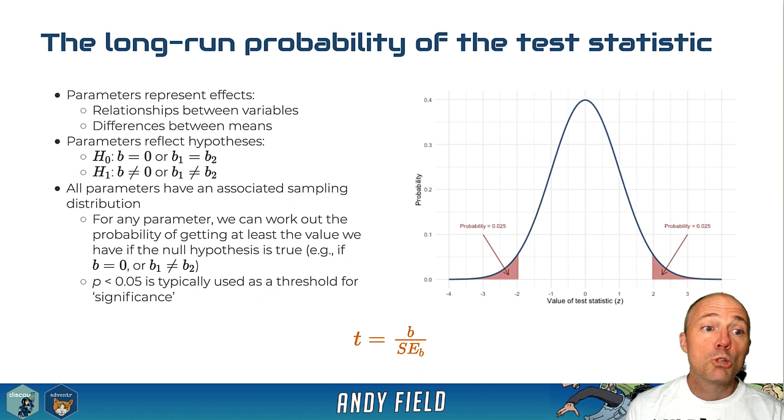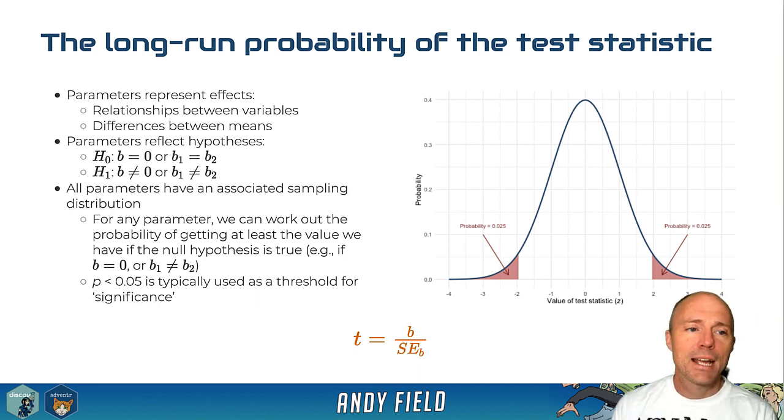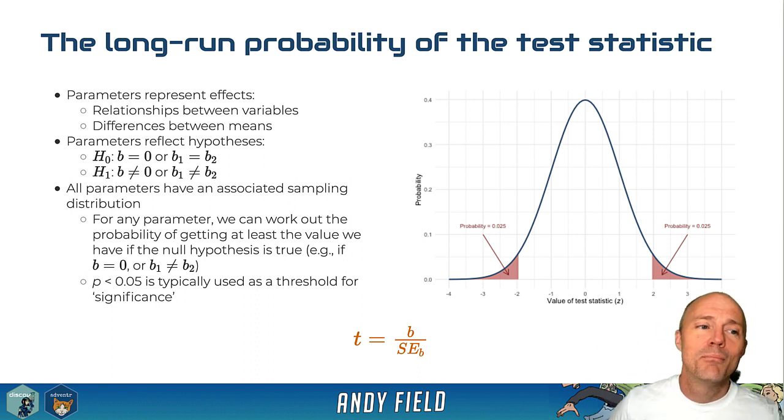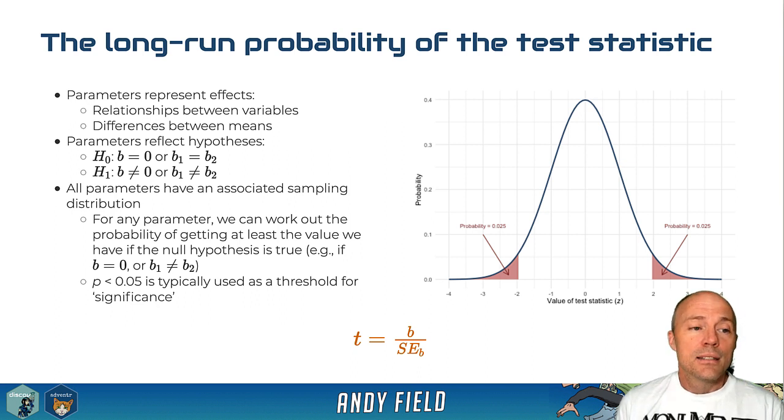So parameters represent effects. This could be the relationship between a predictor and an outcome, and the relationship might also be a difference between means of groups. And both of those can be quantified with a beta or a b. So parameters reflect hypotheses, which means that we can express the null and alternative hypotheses in terms of these parameters.